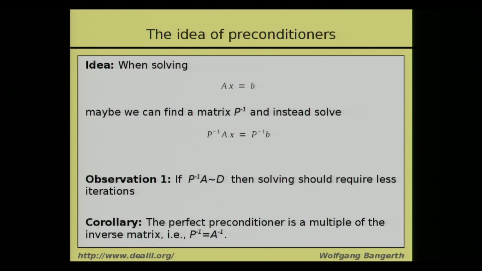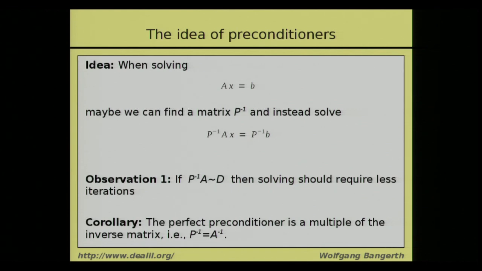If the product of P to the minus 1 and A is close to a diagonal matrix, then I should hopefully be done in fewer iterations. And so this is sort of the idea of preconditioners. So precondition means I'm going to multiply this linear system to make it better conditioned. And making it better conditioned means to make it easier to solve.